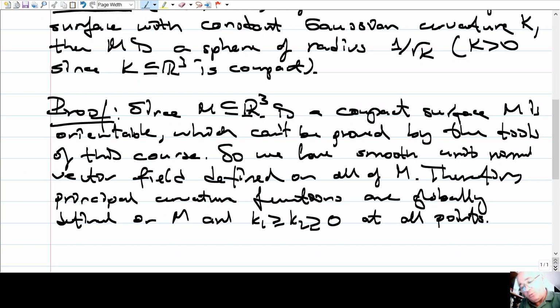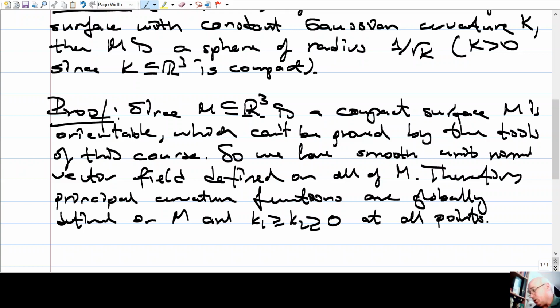Why is one of them positive at some point? The reason is that since M is a compact surface, there is a point at which the Gaussian curvature is positive, but at that point, actually, both K1 and K2 are positive.